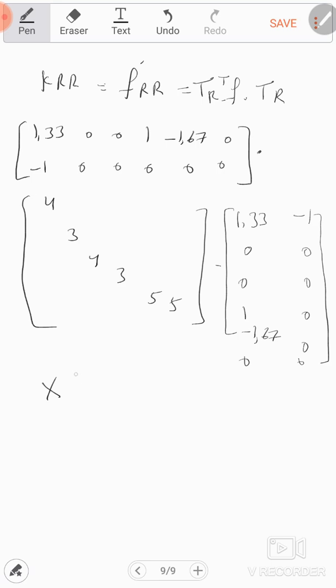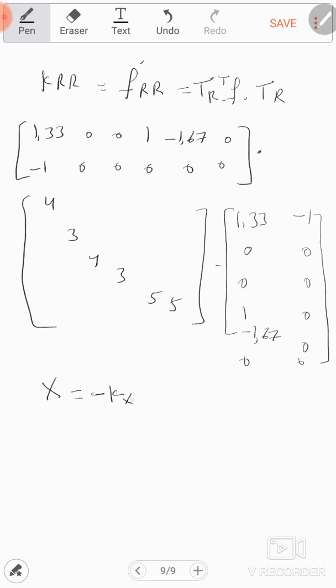Finally, for the X value, I also want to show how we can find X. X is equal to minus, I don't like to make it confusing because I have two references. Sorry, I'm very sorry, guys.